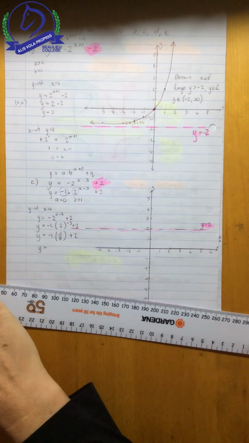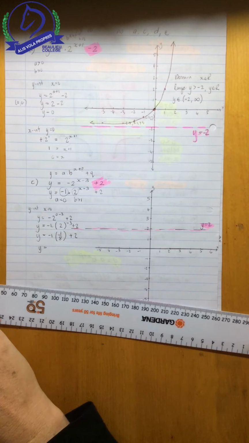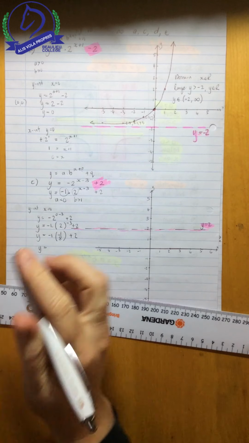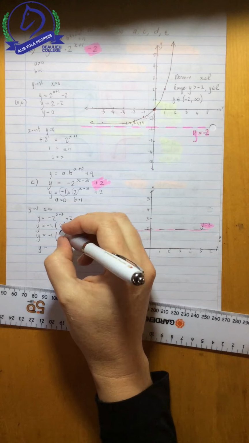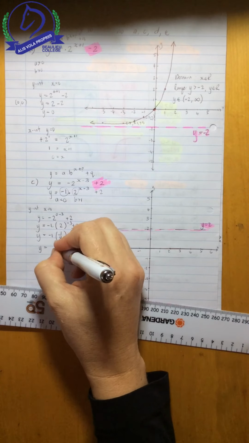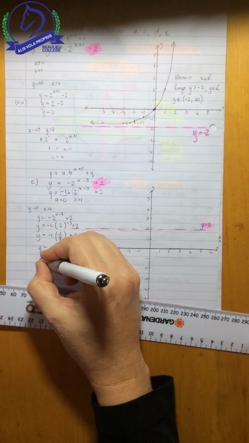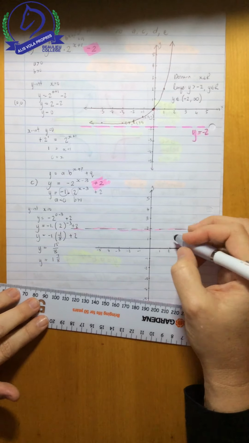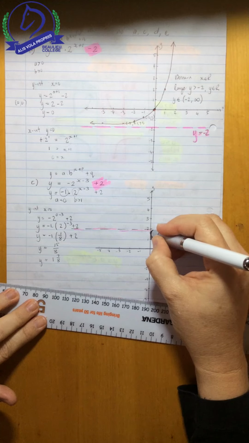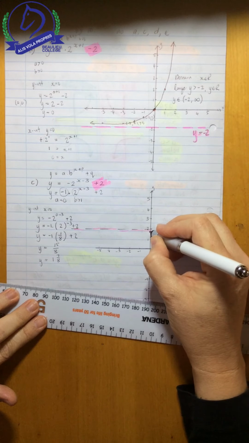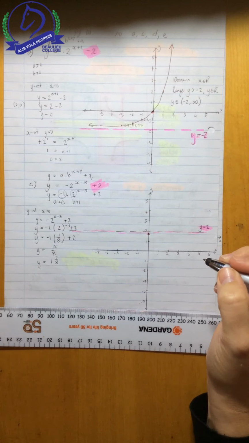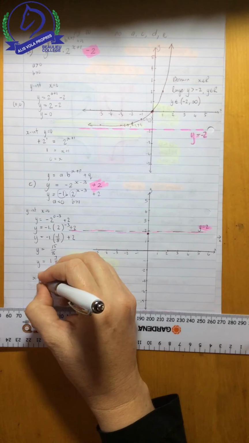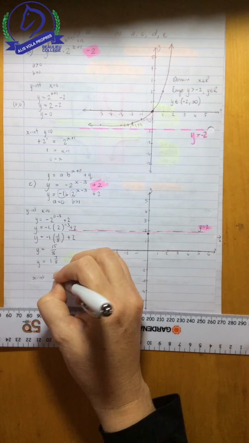And then minus an eighth, if I quickly use my calculator, minus an eighth plus 2 is going to give me 15 over 8, which means it's 1 and 7 over 8. So on my y-axis, round about there, I'm going to have a y-intercept.